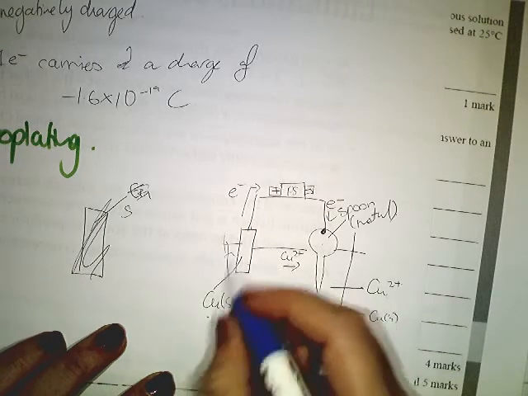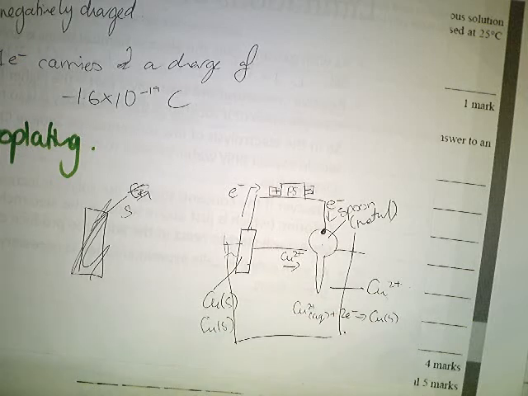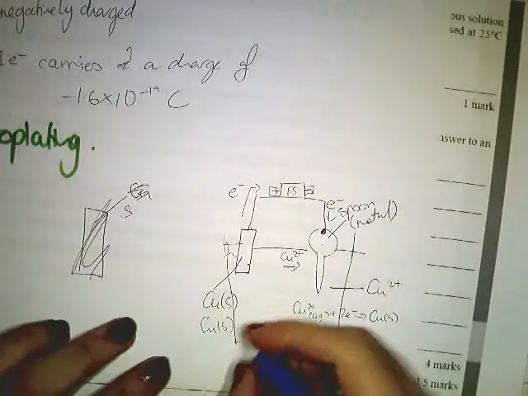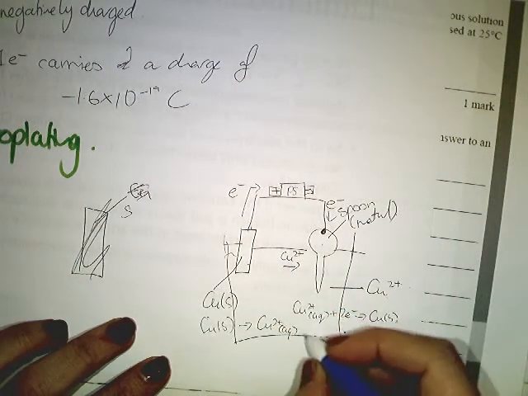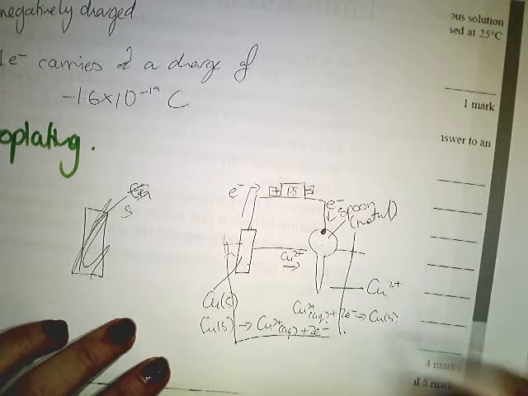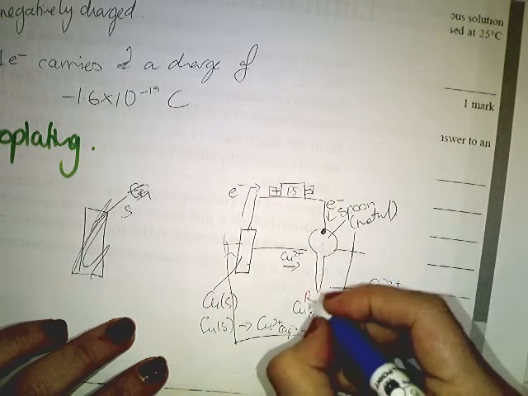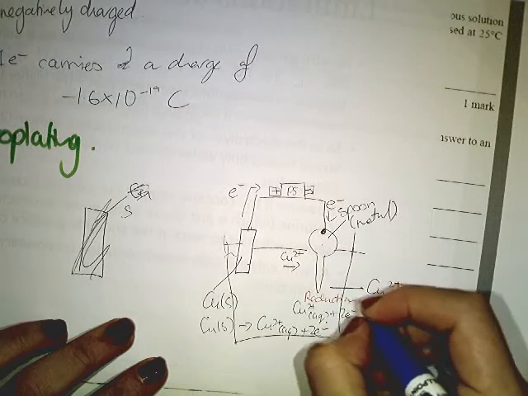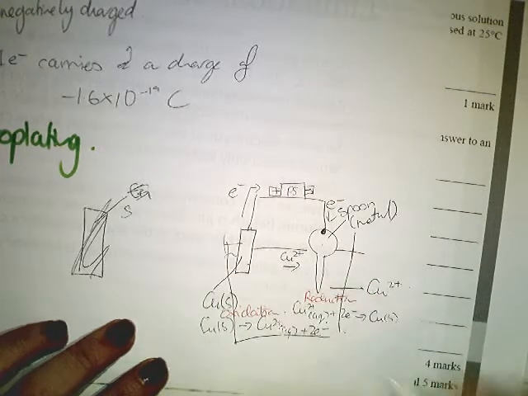And on the other side, we are losing electrons from the strongest reductant. Again, copper is a stronger reductant than water. So this is reduction. This is oxidation.